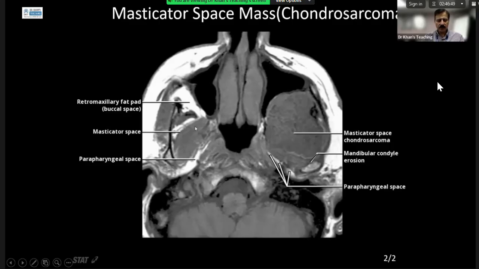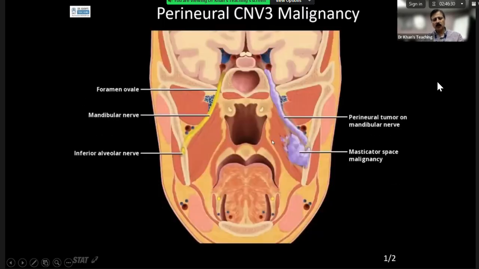So you can see that the displacement of the fat will tell you which space the mass is in. And on this side, something is displacing it posteriorly, telling you that this is in the masticator space. So this is how you use your differential diagnosis skills.